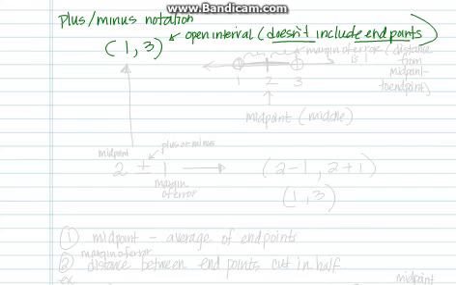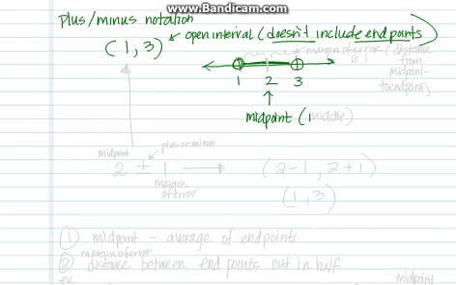What we could do is try and consider what the middle value is between those endpoints. So we're looking at 1, 2, 3. So my picture is this: open at 1, open at 3, and all the numbers in between there. So if I look at the picture, you can clearly see that 2 is our midpoint.